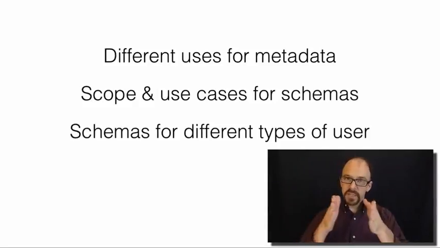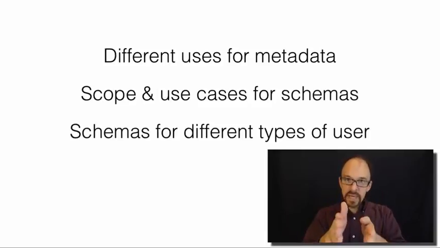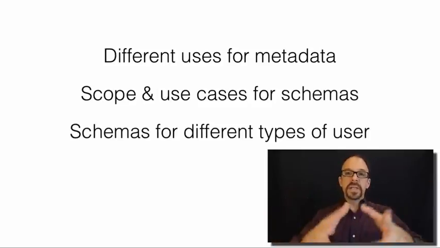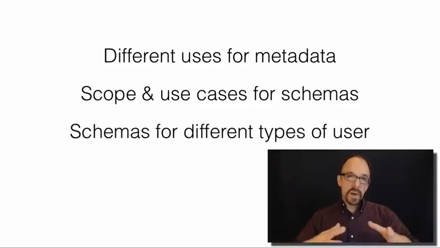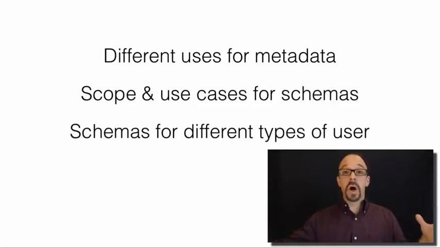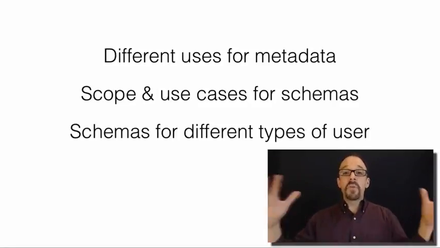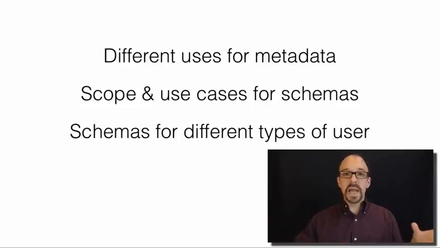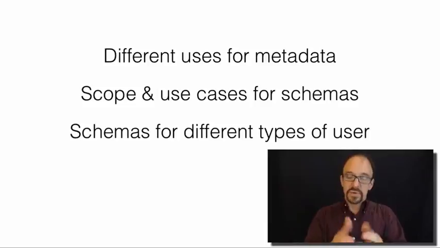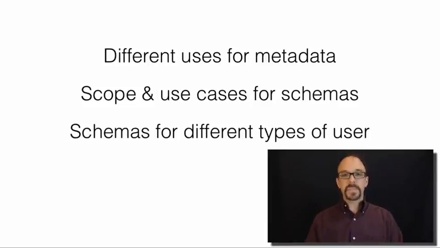METS has a very specific use case, right? Its use case is for managing repositories of digital objects, but its scope is very broad. Everything you might ever possibly want to say in the context of managing repositories of digital resources.